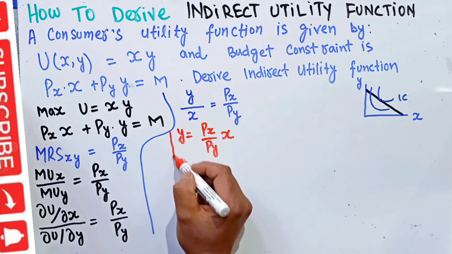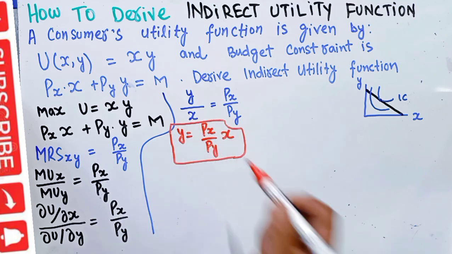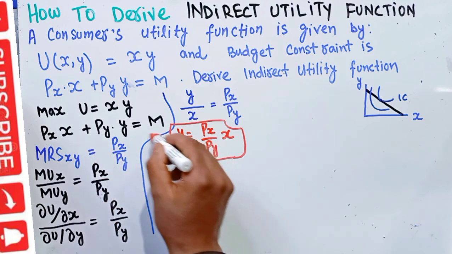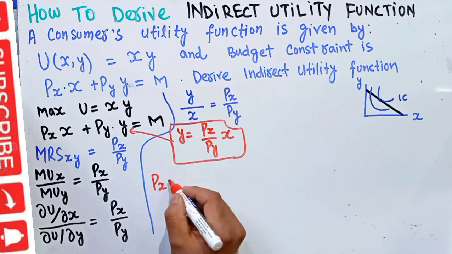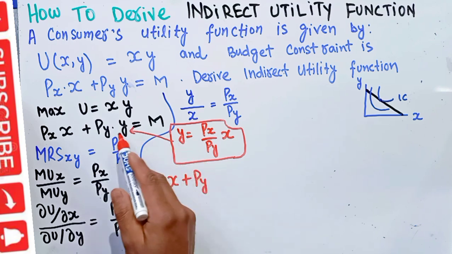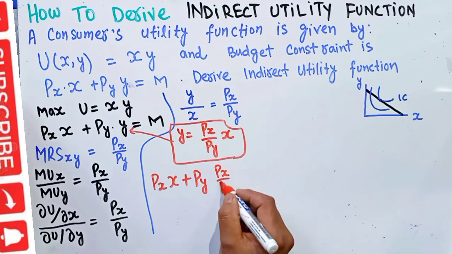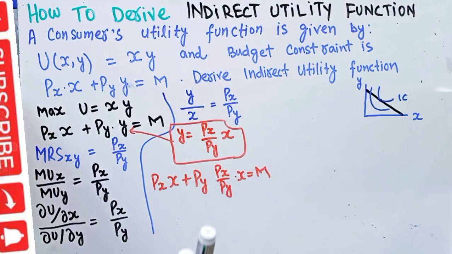Now we plug this result into the budget constraint. In place of y we will write this expression. So we have price of x times units of good x plus price of y times units of good y, which we calculated as Px upon Py into x, should be equal to the income of the consumer.